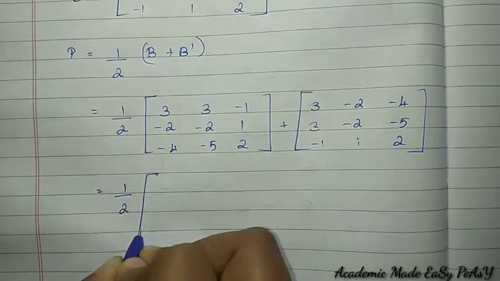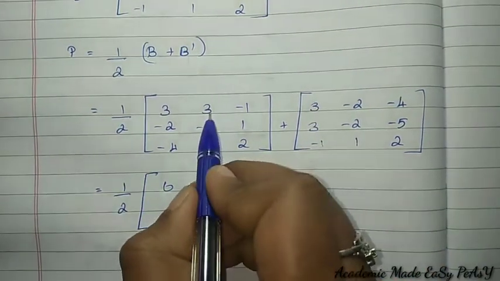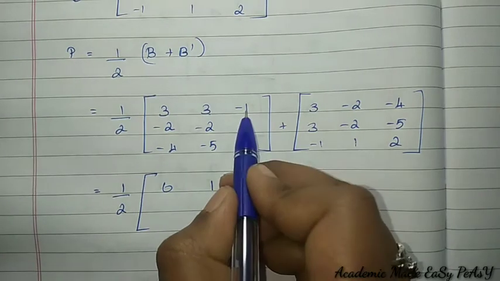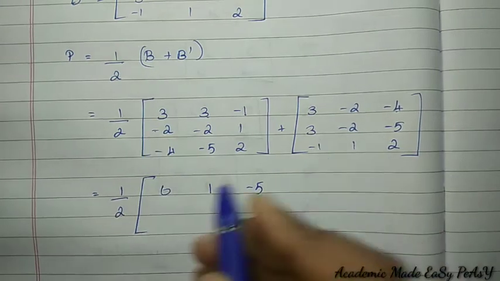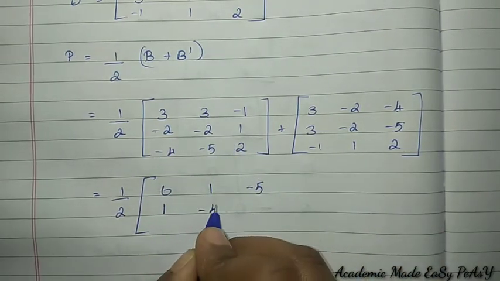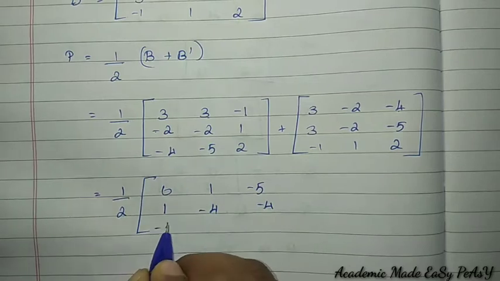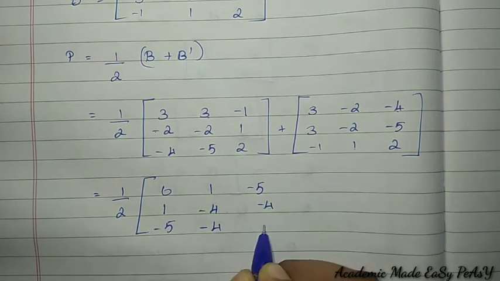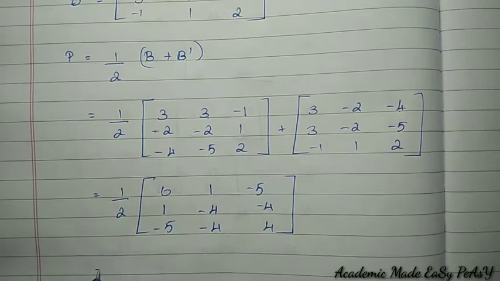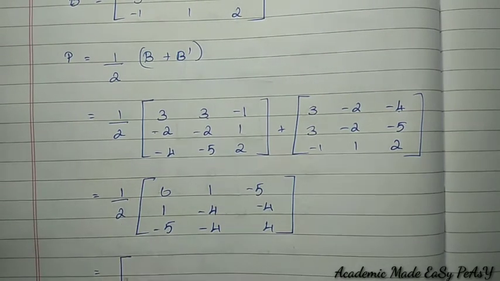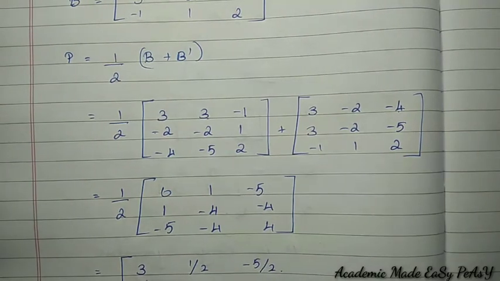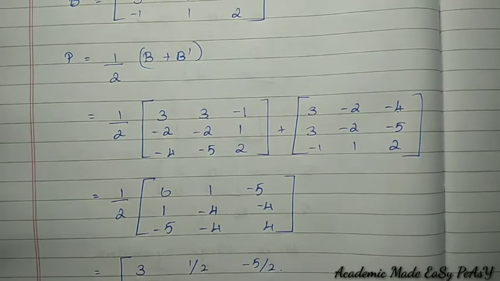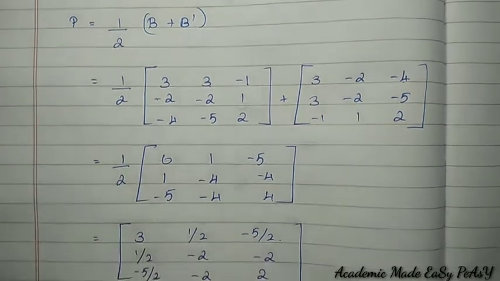So half of 3 plus 3, 6, 3 minus 2, 1, minus 1 minus 4, minus 5, minus 2 plus 3, 1, minus 4, minus 4, minus 5, minus 4, 4. Now I will be taking the half inside, that is 1 by 2. So 3, 1 by 2, minus 5 by 2, 1 by 2, minus 2, minus 2, minus 5 by 2, minus 2, 2.